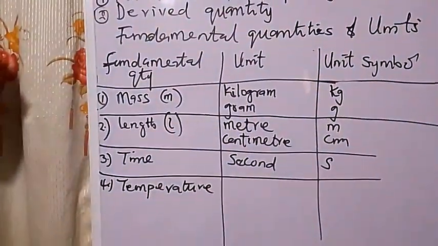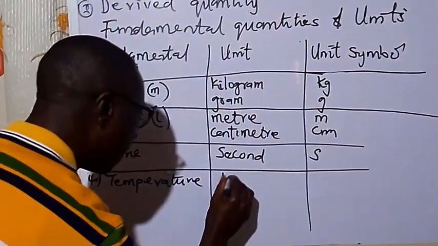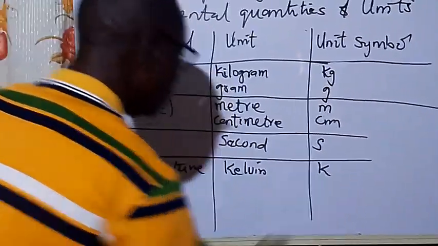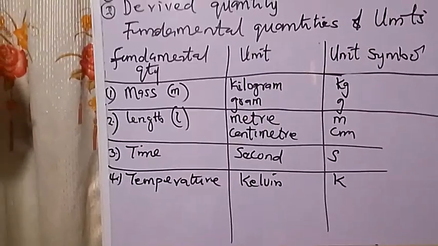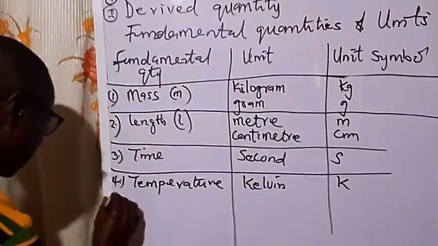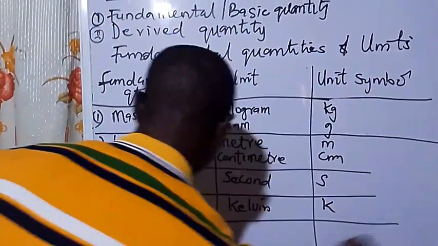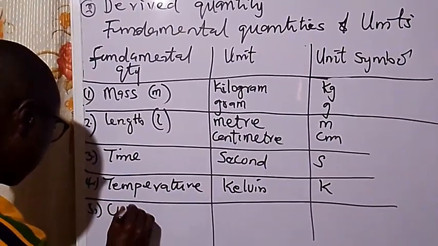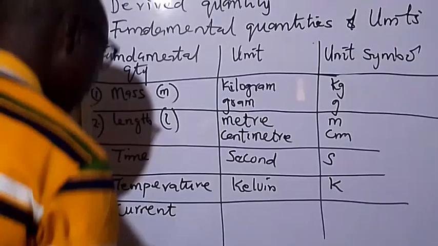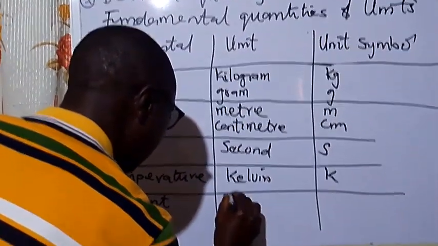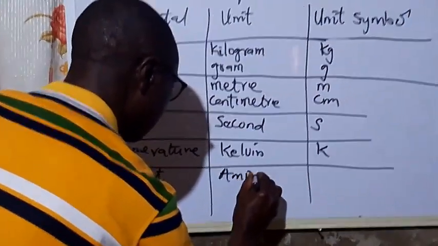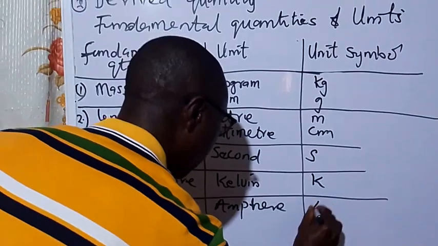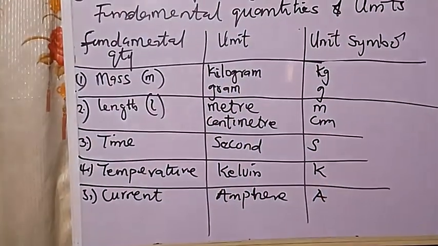The unit for temperature is Kelvin. You take K as the symbol. While number 5 on the list is current. The unit for current is ampere. The symbol for this one is A.